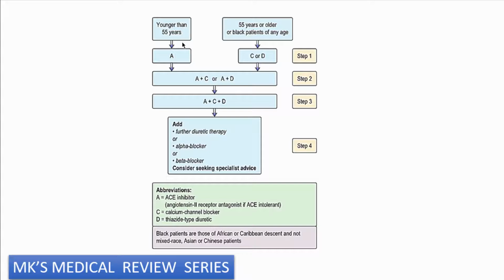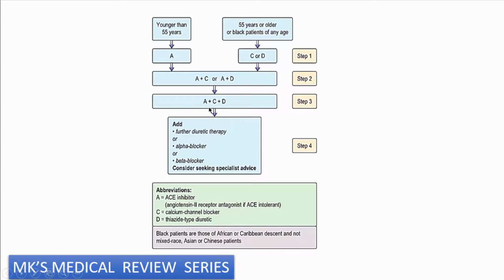Then patients that are 55 years and older, start them on calcium channel blockers or diuretics. So if step 1 doesn't really work, then you can elevate to step 2, where you're going to now be combining ACE inhibitors plus a calcium channel blocker, or ACE inhibitors plus a diuretic.